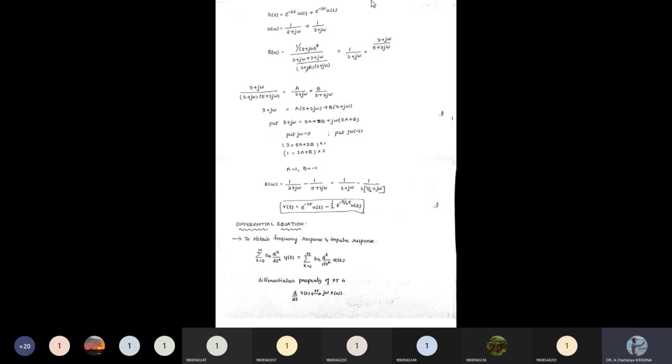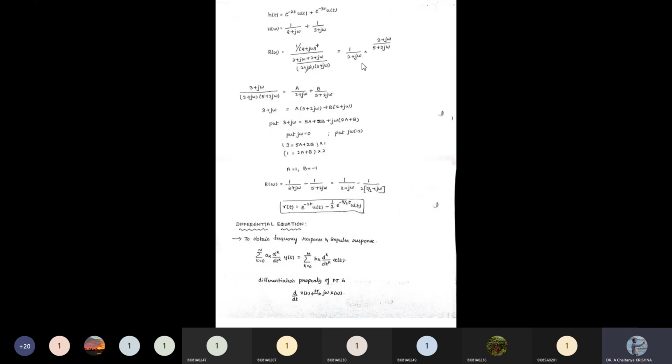The remaining terms: 2 plus j omega whole square is there, one 2 plus j omega cancels, and 3 plus j omega and 5 plus 2 j omega remain. So f of omega is 3 plus j omega by 5 plus 2 j omega into 1 by 2 plus j omega.